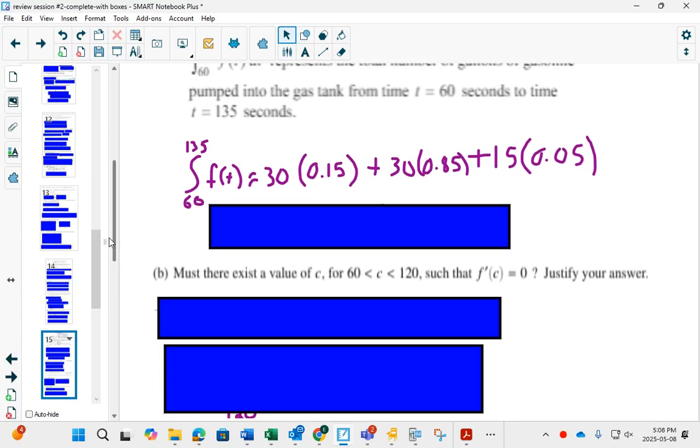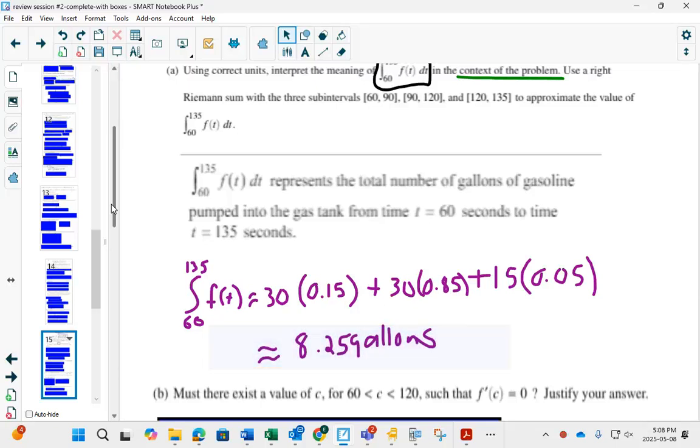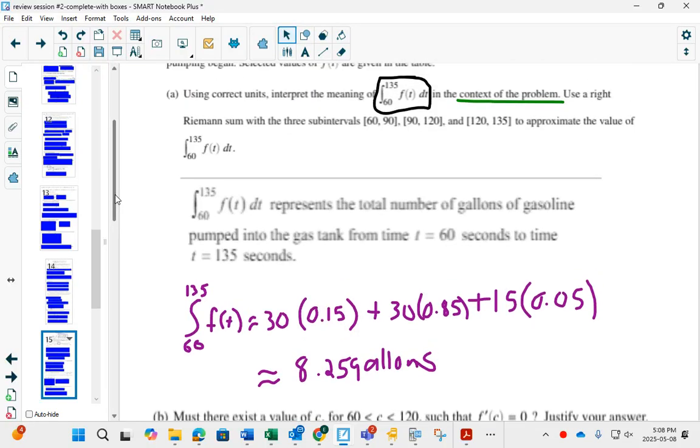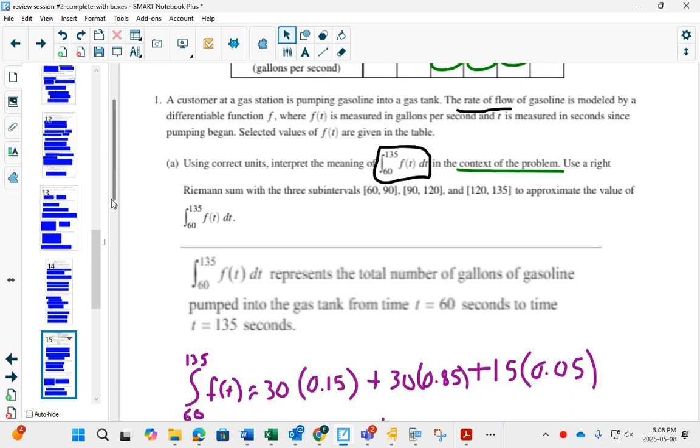That matches up with them saying use the 3 subintervals. And we're using the right values for each of those. So if I look back at my chart, in the first subinterval, this is the right value. In the second subinterval, this is the right value. In the third subinterval, that's the right value. So that would make our right-hand sums.